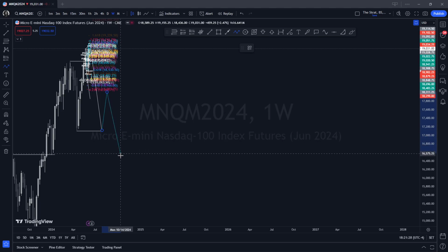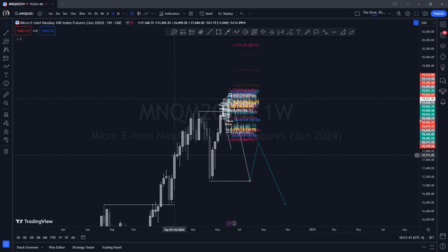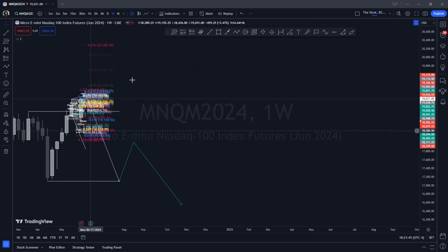No, I don't. I more so base it on probability, but I don't have a strong bias, man. That's what I'm talking about, I'm considering all three scenarios right now.